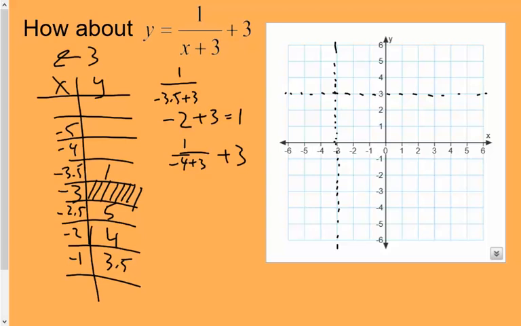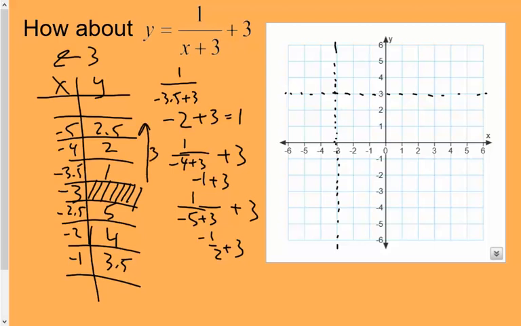If you haven't realized, over and over again, just arithmetic here. This would give me 1 over -1, which is -1 plus 3 is +2. And then how about 1 over -5 plus 3. That would be 1 over -2, which is -1/2. Plus 3 is 2.5. And as you can see here, the numbers approach 3 as well.